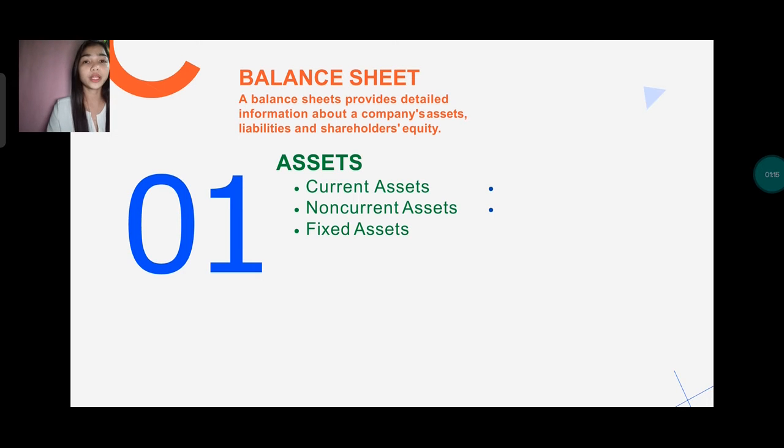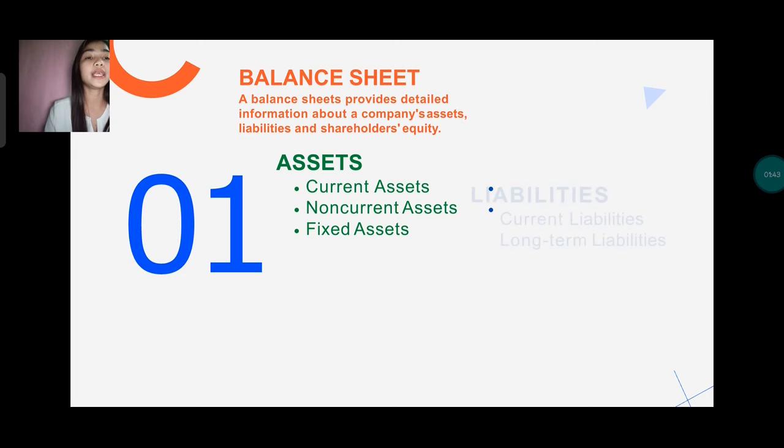Non-current assets are things a company does not expect to convert to cash within 1 year, or that would take longer than 1 year to sell. Non-current assets include fixed assets. Fixed assets are those assets used to operate the business but that are not available for sale, such as trucks, office furniture, and other property.